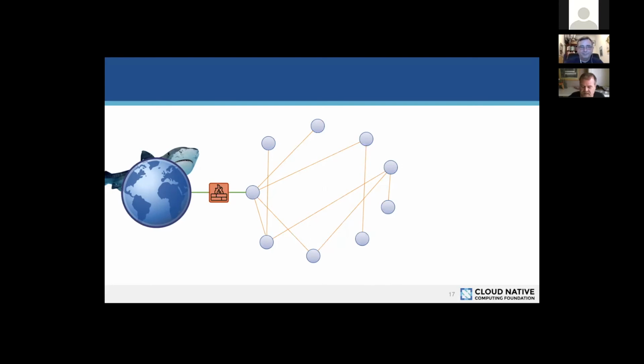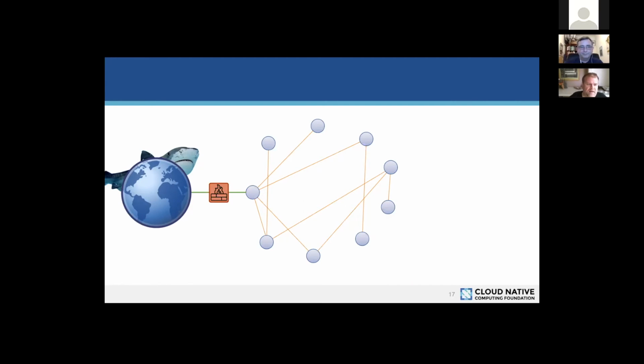So, an LDAP server maybe only really needs to allow traffic from things that are LDAP clients on the LDAP port, and it doesn't need to receive traffic on all different kinds of other ports. So maybe you can express that in such a way that wherever an LDAP client comes up in the network, a policy is applied that allows that connection and blocks others.